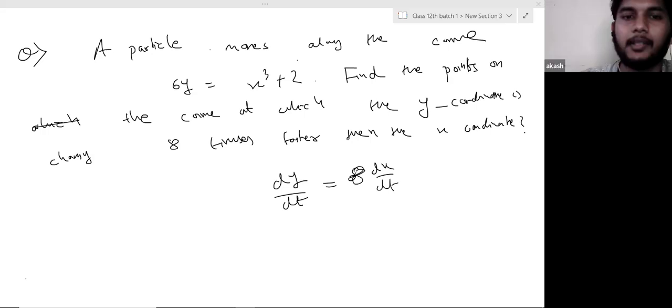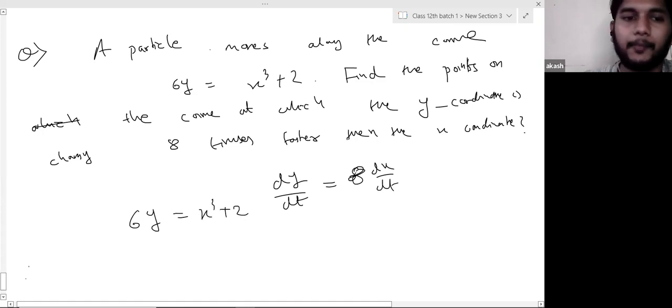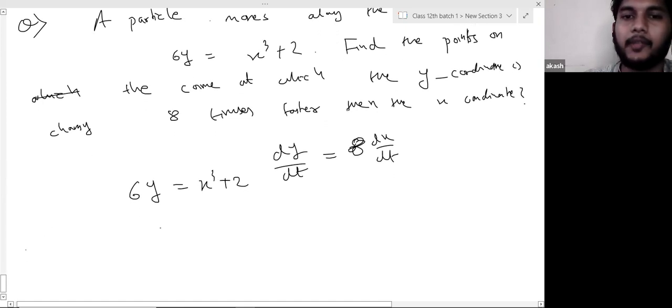All right. Very simple. They've given you an equation that a particle moves along this curve. This is a graph, very simply. If you differentiate this with respect to t, you will find 6 dy by dt equals 3x square dx by dt.